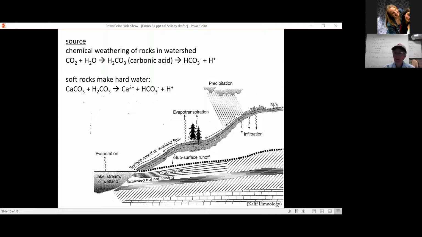Obviously, calcium is a dominant ion in salinity, and so is magnesium. But when you have a lot of calcium and/or magnesium in the water, it's pretty easy to exceed the solubility limit.